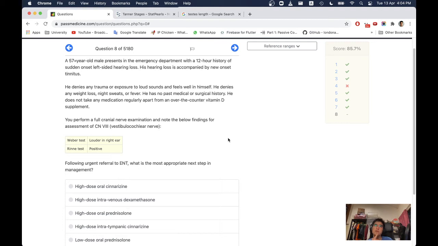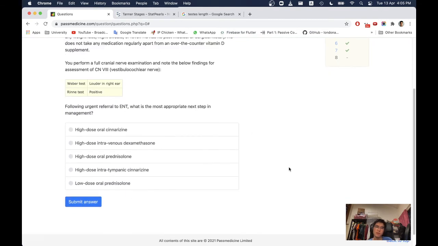I don't know what's going on here. Vestibular neuritis? I'll assume it's vestibular neuritis because of the 12-hour history. So what do you do for vestibular neuritis? What's cinnarizine? Why do you want to give dexamethasone?